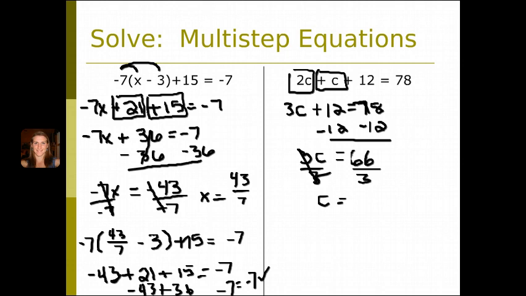To test that work, again, you simply plug it back into the original equation. 2 times 22 plus 22 plus 12 equals 78.